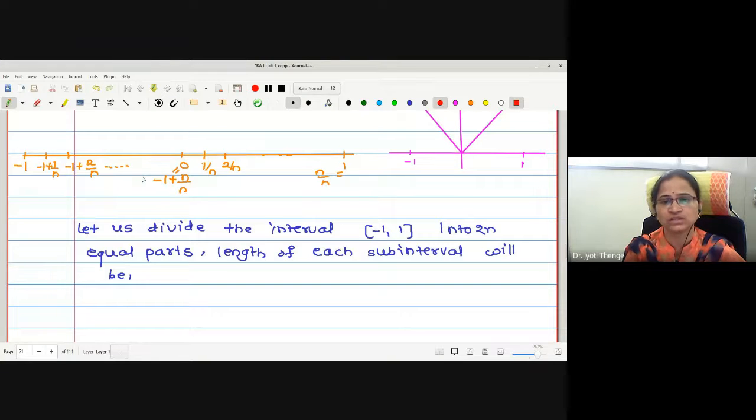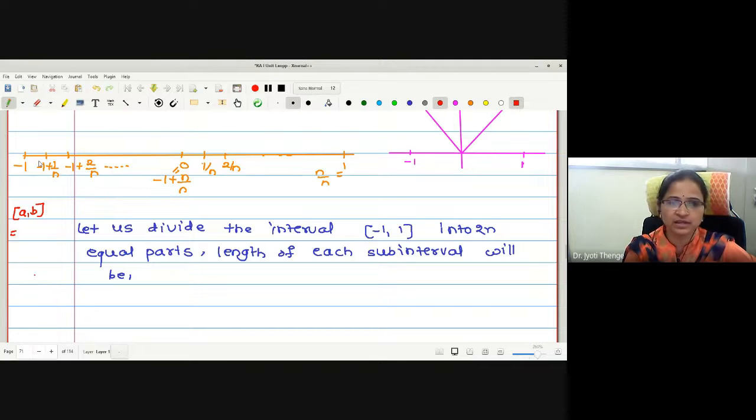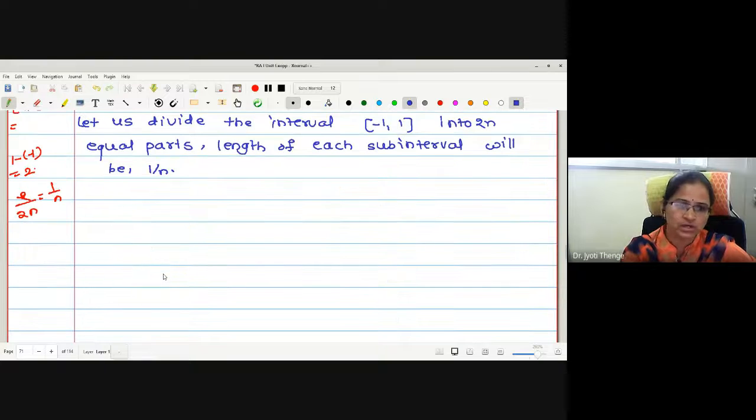If you have a closed interval a to b, how do you find the length? b minus a. Therefore, what will be the length here? 1 minus of minus 1, that is 2. And this 2 we were dividing into 2n equal parts. What will be the length of every subinterval? 1 by n. Okay. Now let us write the partition.